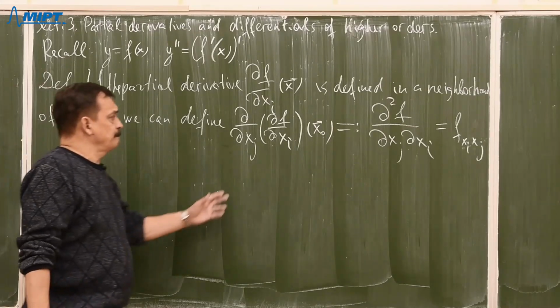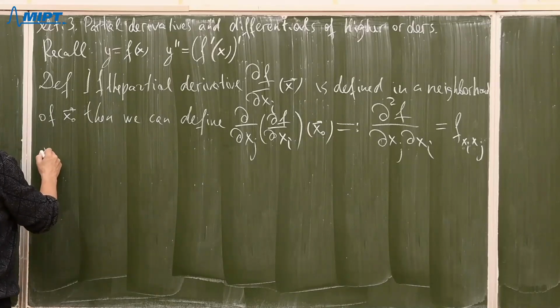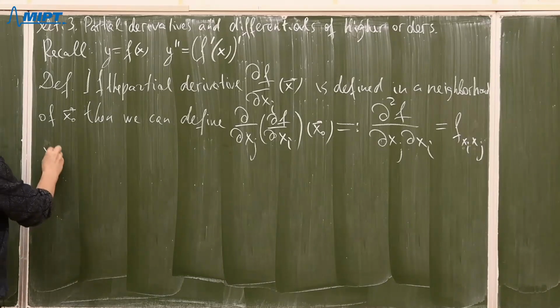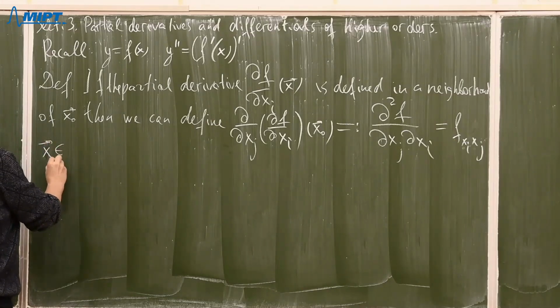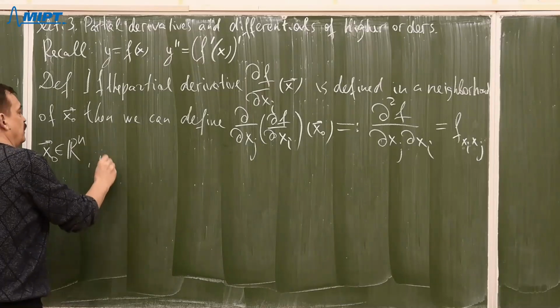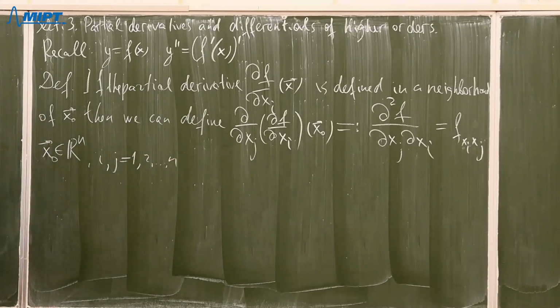You see, the function is a function of n variables. So x is x naught in R^n, and i, j from 1 up to n, any number of variables is allowed here.